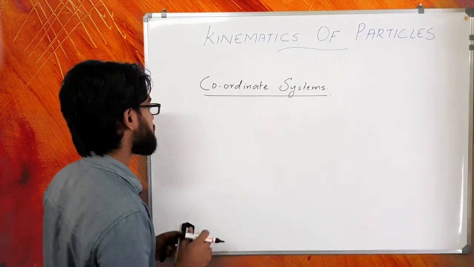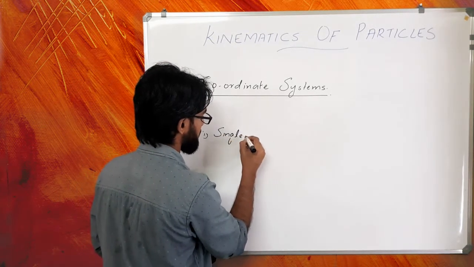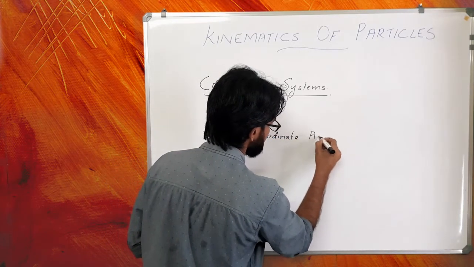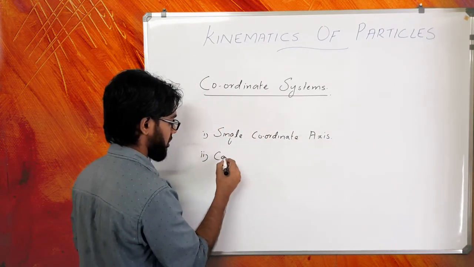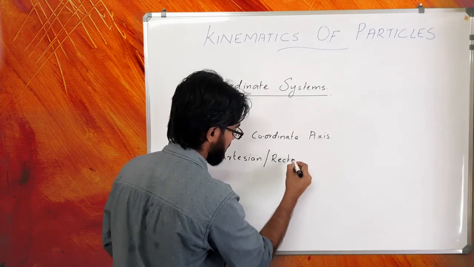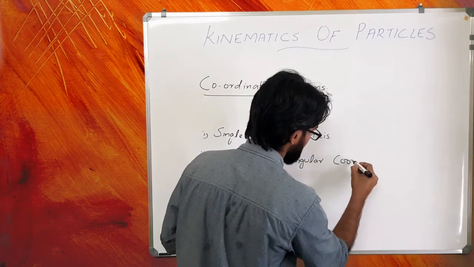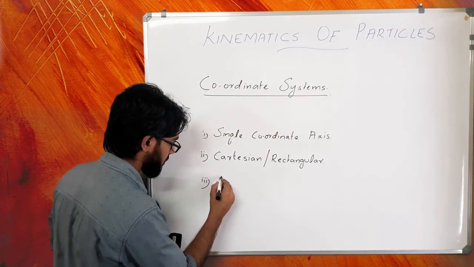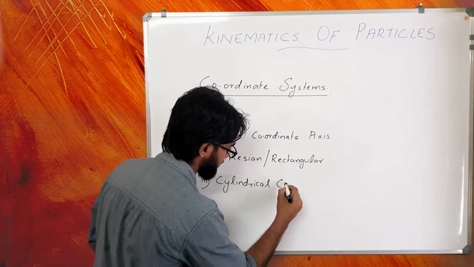The most commonly used coordinate systems are the single coordinate axis, the Cartesian or rectangular coordinate system, and third one, the cylindrical coordinate system.